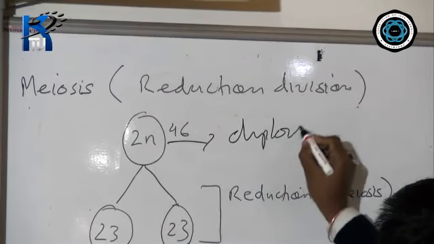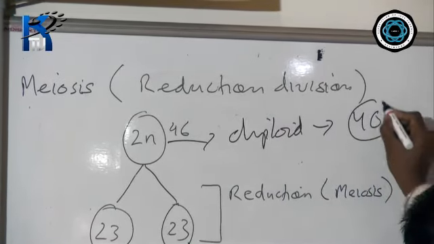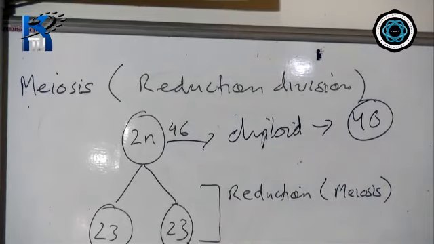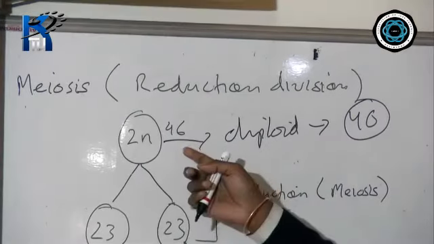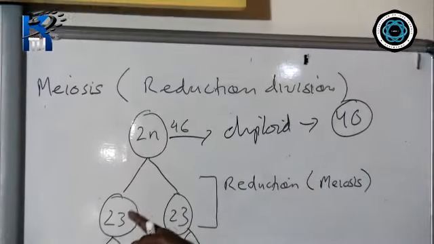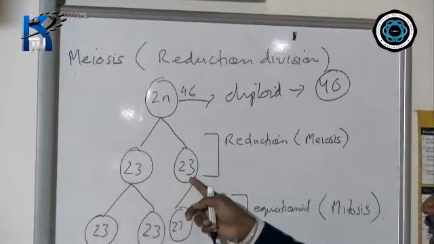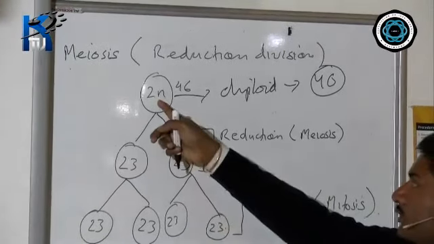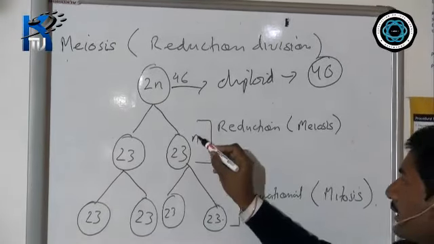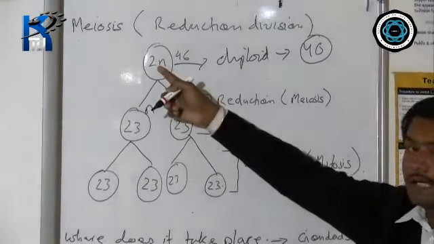When I say diploid, it contains 46 chromosomes. Human beings are known by 46 chromosomes. So here these 46 chromosomes get reduced to half. It becomes 23. That means this 2n becomes n, n. n plus n is 2n.